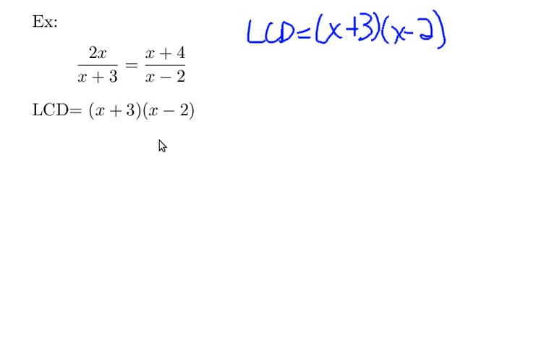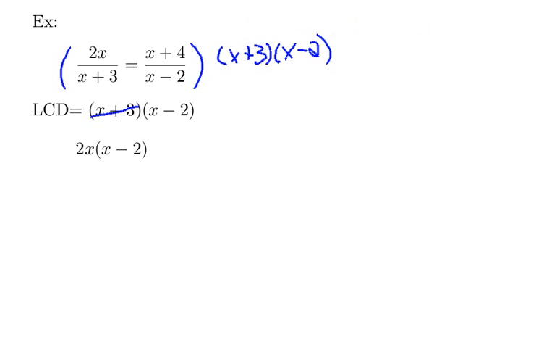Okay, so now we go ahead and multiply both sides of the equation by x plus 3 times x minus 2. And we will get, now hopefully you can see this by now, when you multiply this left side, the x plus 3 will cancel.